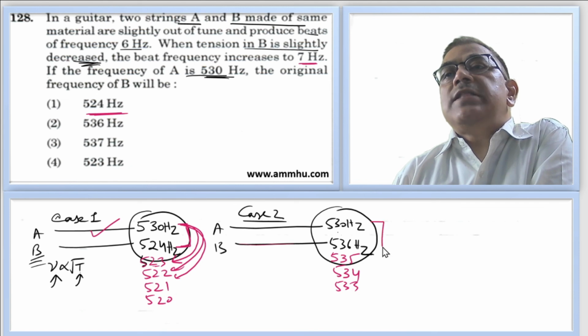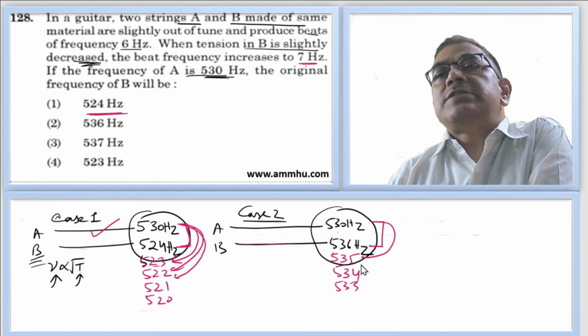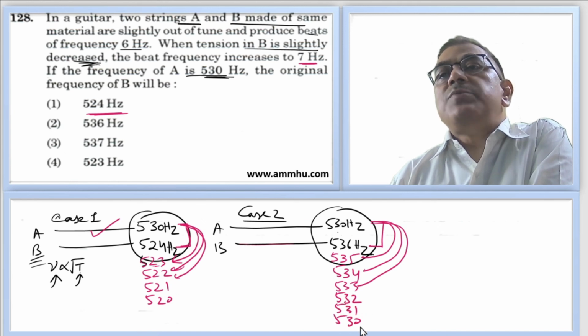If you could see, initially the beat frequency is 6. Now it has become 5, then reduces to 4, then reduces to 3, then in this case 532, then 531, then 530. So the beat frequency is decreasing.